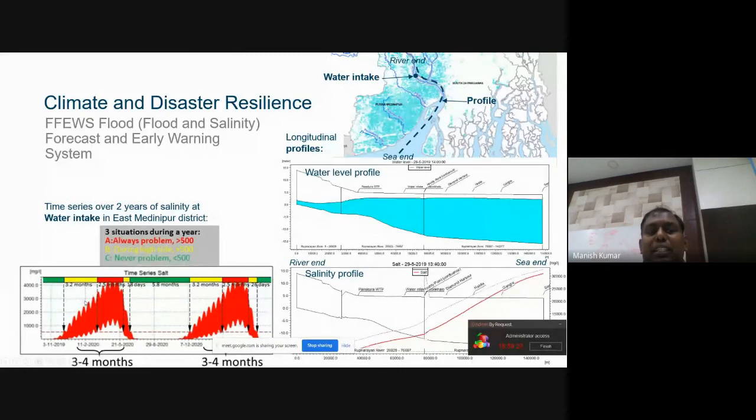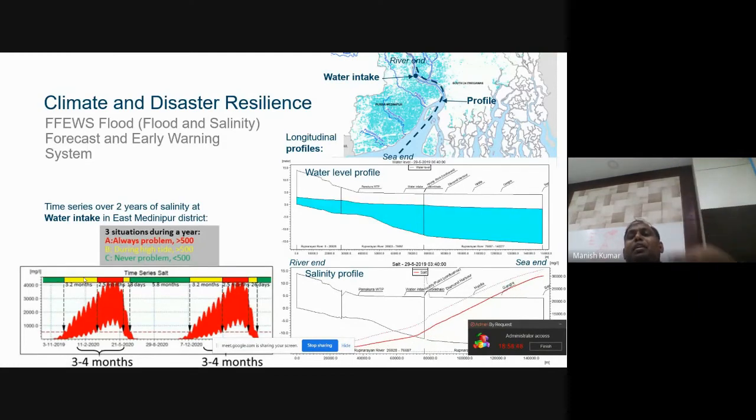For 2 to 3 months, salinity changes with respect to high tide and low tide. When there is low tide, salinity is below the critical level, and when it's high tide, the salinity is above the critical level. There is daily variation also. So it's very important to keep track of whether salinity is above or below the critical level.